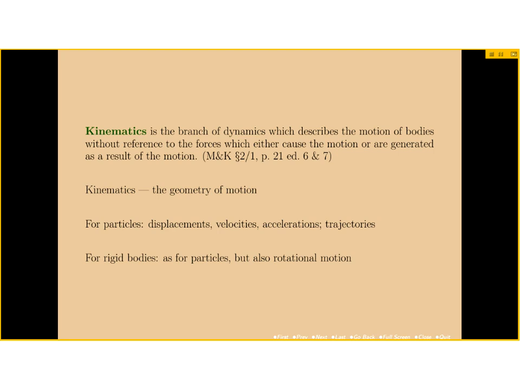with the displacements, the velocities, the accelerations, the trajectories of rigid bodies, but there's an additional feature when it comes to rigid bodies, and that is rotation or rotational motion. A particle, one can think of it this way, cannot really rotate, or the rotation of a particle is not really defined, because a particle is considered to be an entity with an infinitesimally small dimension set.